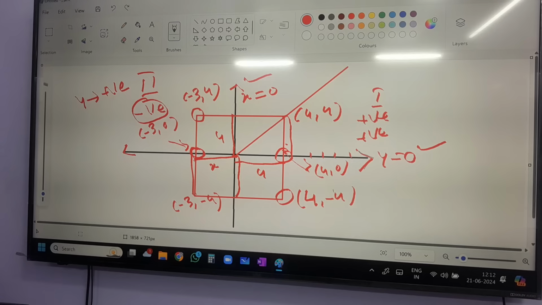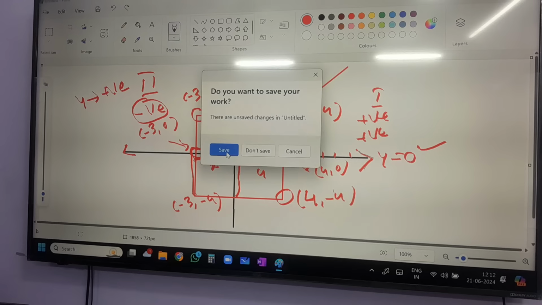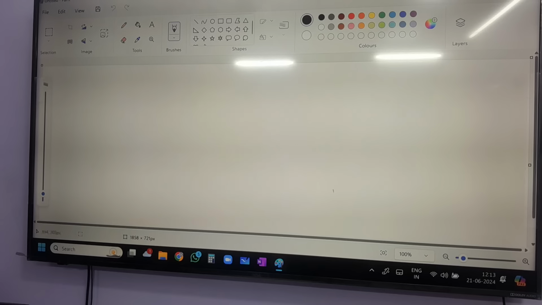Now, let me take a new slide for this one. Let's take a positive axis. So this is a straight line.